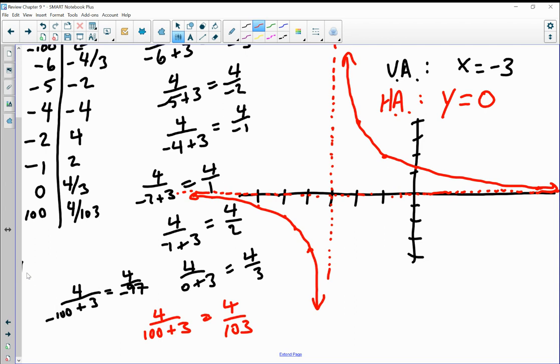But for the y-intercept, if we plug in 0, which we did already, the y-intercept would be 0, 4/3. So that would be our y-intercept. The x-intercept would be NA. All right, so that's about it for this one.